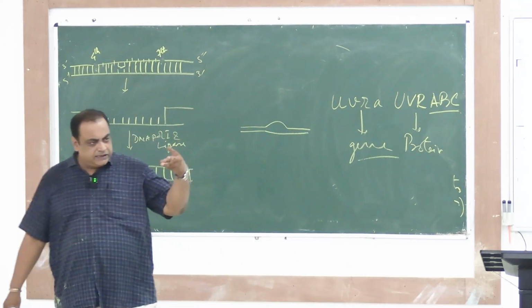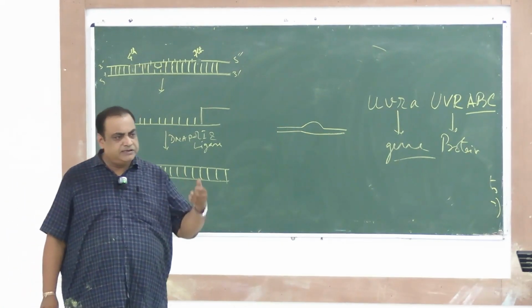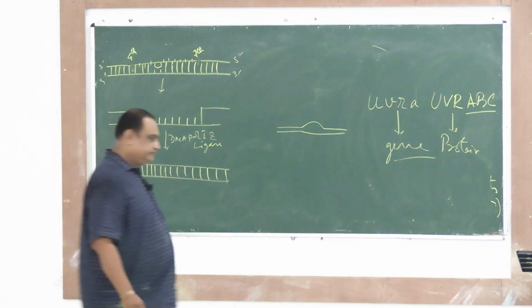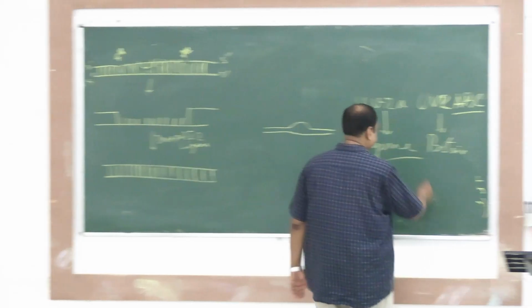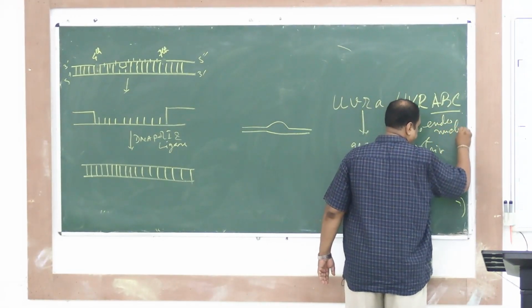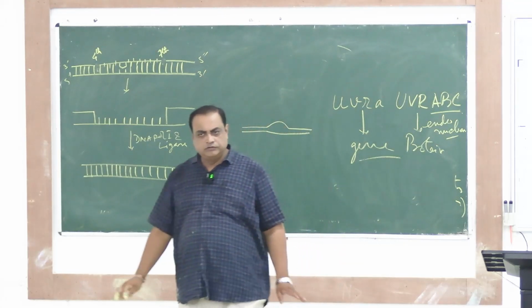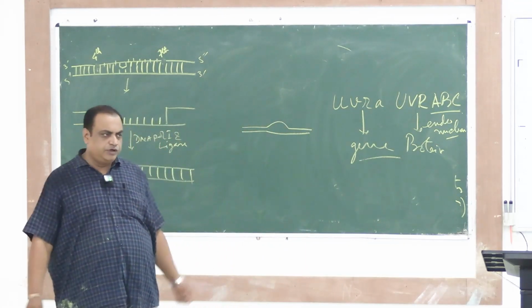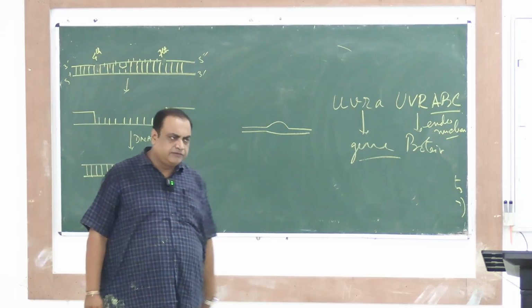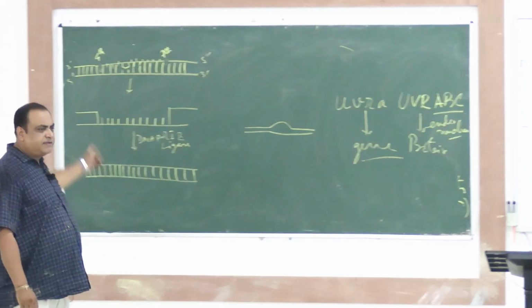The 3 genes are different, but the ultimate product is uvrABC endonuclease. Any question? No? Fine. So uvrABC endonuclease is activated, which cleaves the disrupted area in this manner.